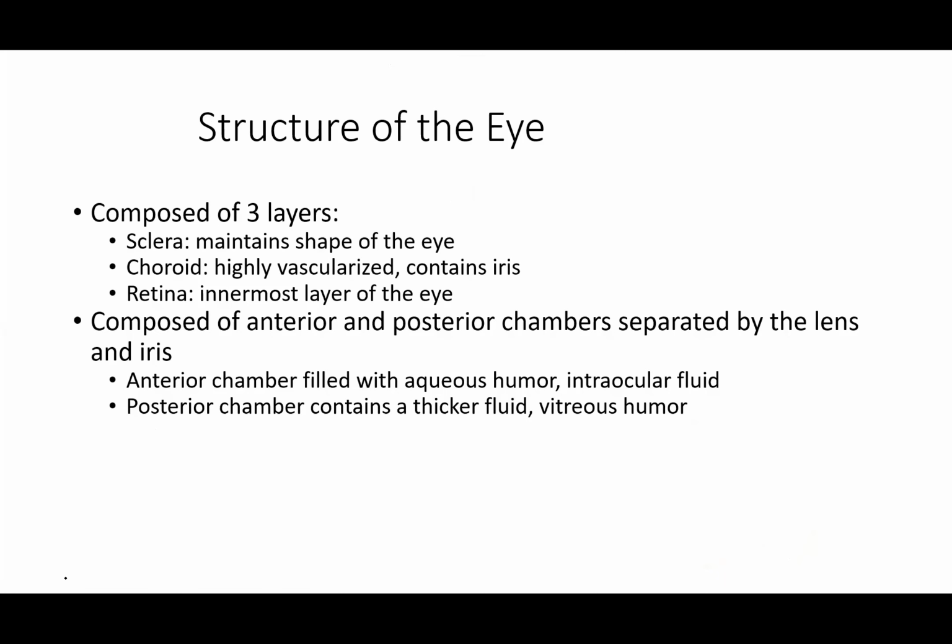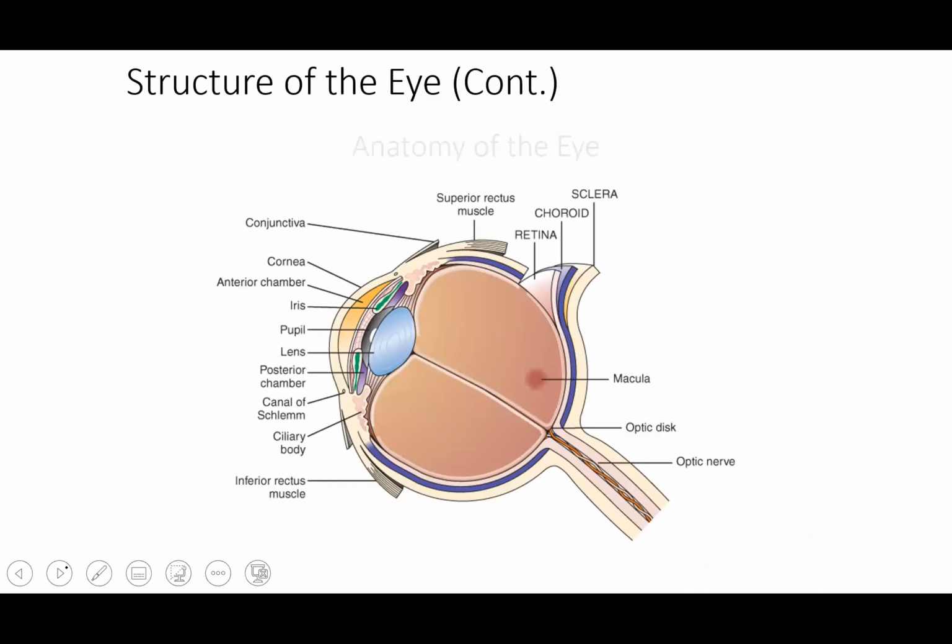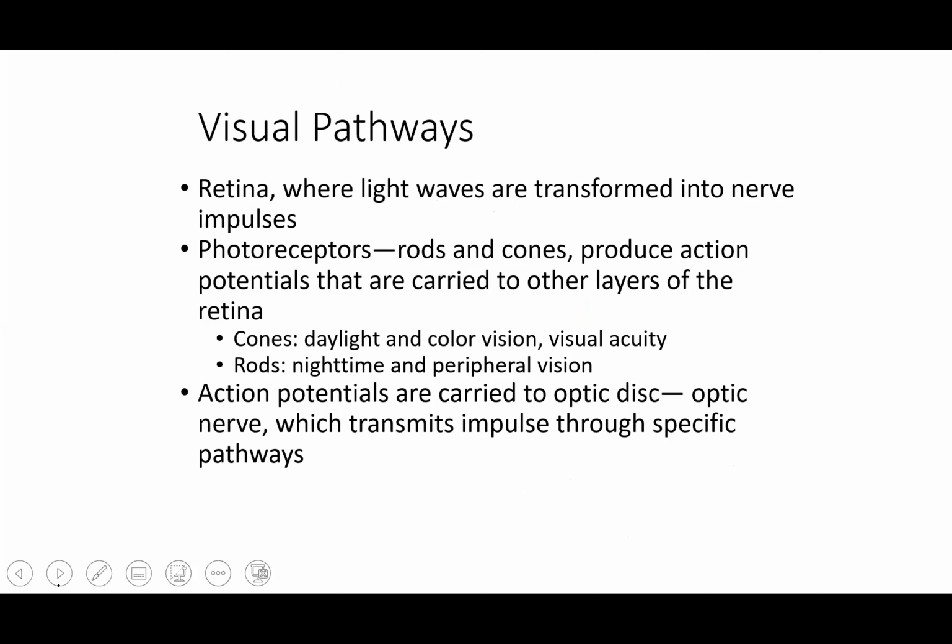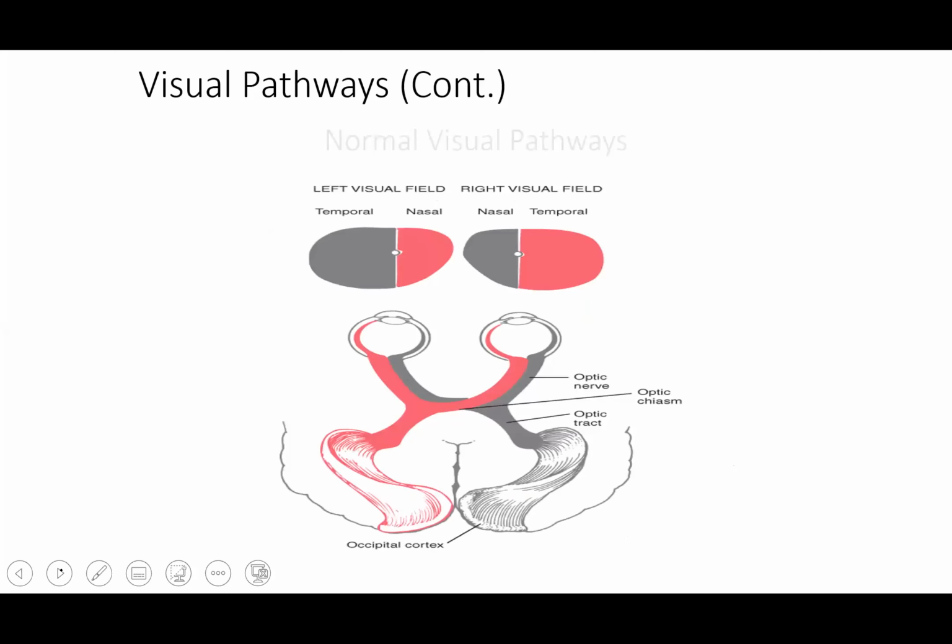Okay, the eye. Okay, another pretty important sensory structure that neurologically requires the most learning. Okay, so of all the neurostructures, this is what is considered the most difficult neural pathways to learn. All right.